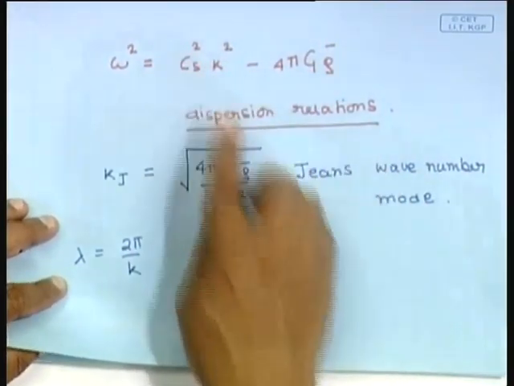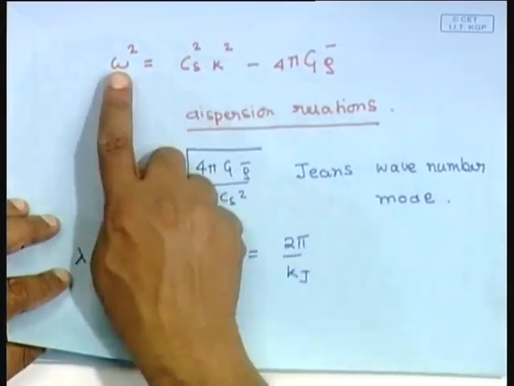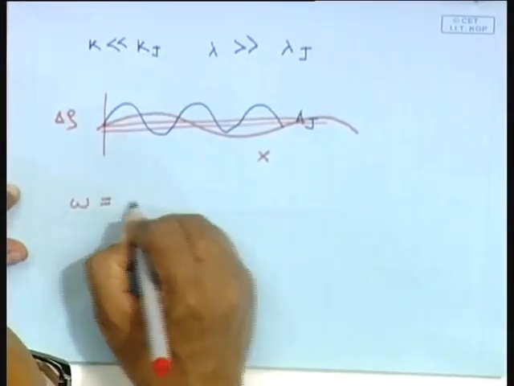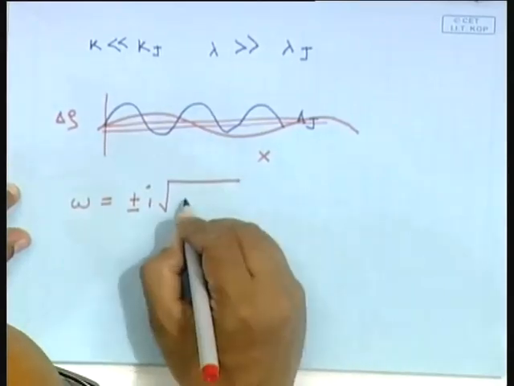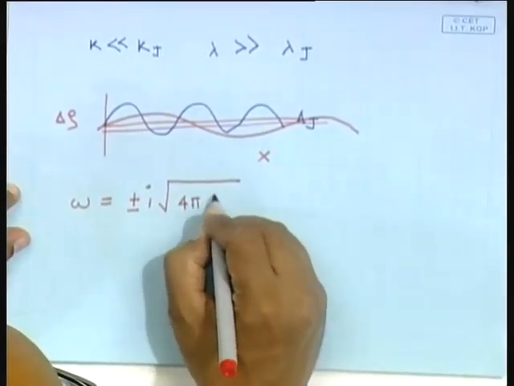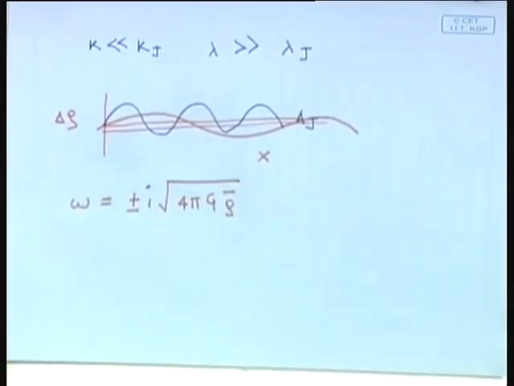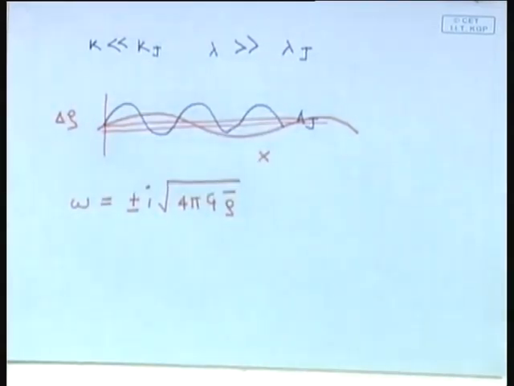So you can ignore this term, and what you get is that omega square is negative, which tells us that omega is imaginary. So omega is equal to plus minus i square root of 4 pi G rho bar. You only have imaginary solutions for such wave numbers.